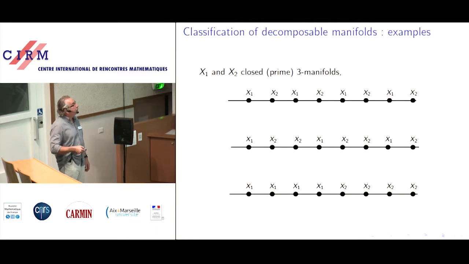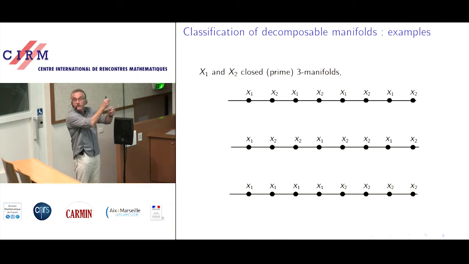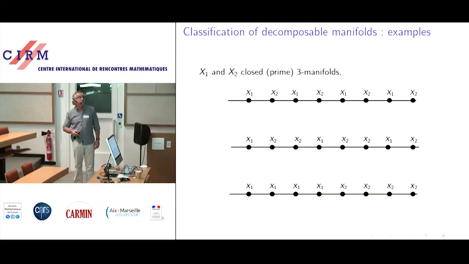And you put all x1s on one side and all x2s on the other side. And the question, which are homeomorphic here, is not so clear, actually. To show that they are homeomorphic, you have to switch the x1s and the x2s, but you have to do it infinitely many times. So the previous result tells that these two are homeomorphic, and this one is not, just by looking at the space of ends.